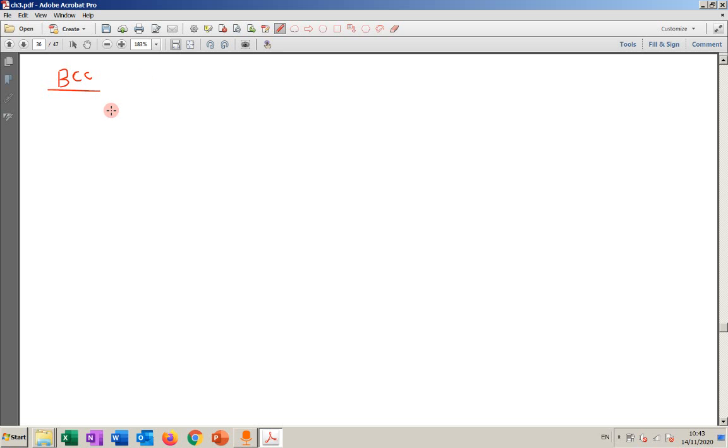Now we're using two rules. First one, we know that in BCC crystal structure, H plus K plus L will be even. What even numbers do we have?